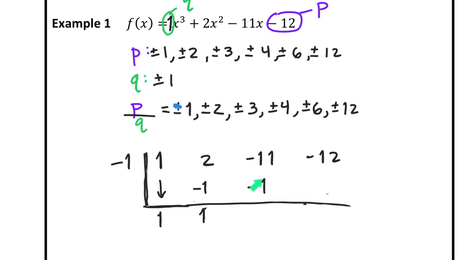What's negative 11 minus 1? It's negative 12. What's negative 1 times negative 12? Negative 1 times negative 12, that's positive 12. And then what's negative 12 plus 12? 0. So this is my remainder.